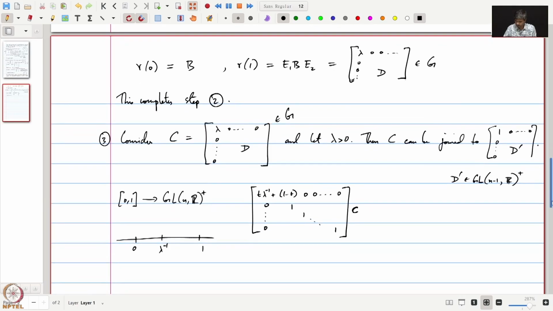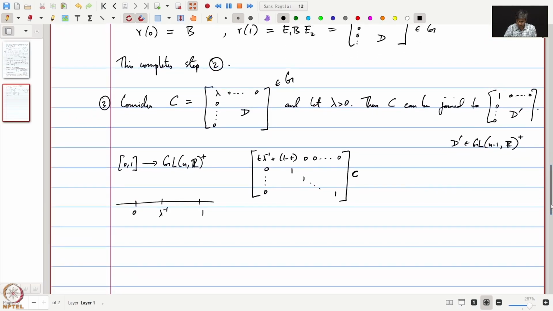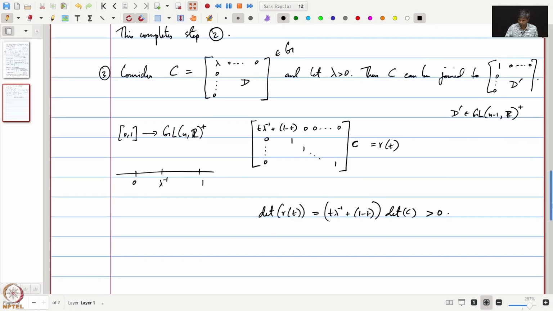Okay. So, when we take the determinant, once again we check that this is equal to gamma of t. So the determinant of gamma of t is equal to (t times lambda inverse plus 1 minus t) times the determinant of C, which is therefore positive. So therefore the image of gamma actually lands inside GL n R plus, and once again this is continuous because each of the coordinate functions is a polynomial in the variable t.